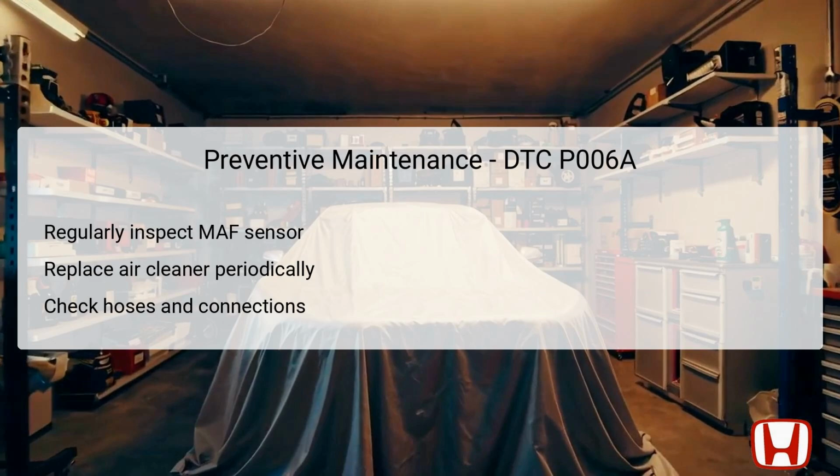Additionally, replacing the air cleaner element periodically is crucial, as a clean filter optimizes airflow and enhances sensor function. Furthermore, take the time to regularly check hoses and electrical connections for signs of wear, looseness, or damage. This preemptive approach not only extends the lifespan of critical components, but also maintains optimal performance and efficiency of the engine.